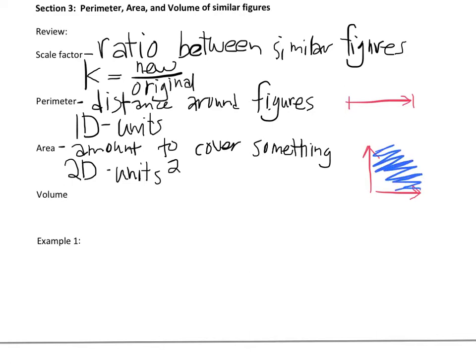So it's 2 dimensions. And volume is our last one, and it's amount inside. So that's when we're talking about how do we fill some sort of container. And that's in 3 dimensions because we're thinking about, like if you're picturing a water glass, you have the bottom circle, and then you have how many circles on top of that are there. So you're thinking about 2 directions in the bottom, and then that 3rd direction going up.